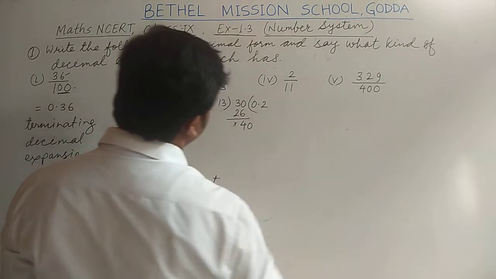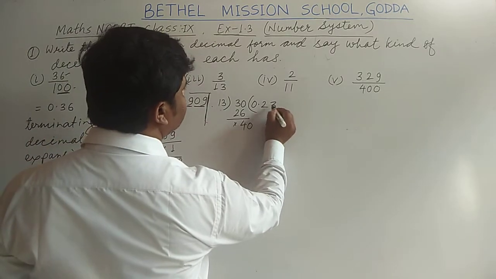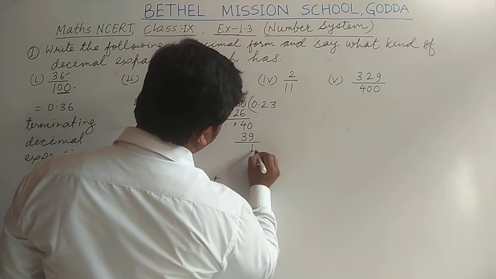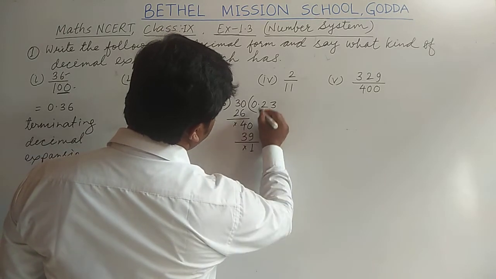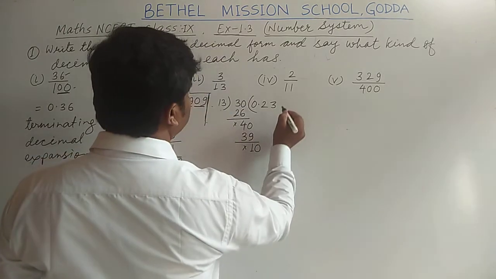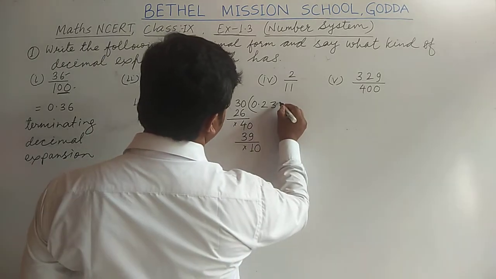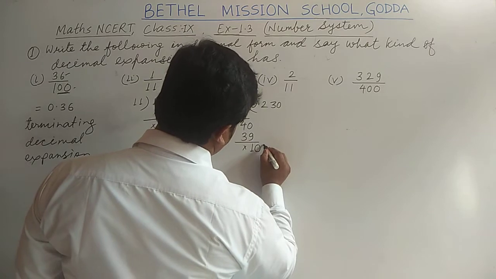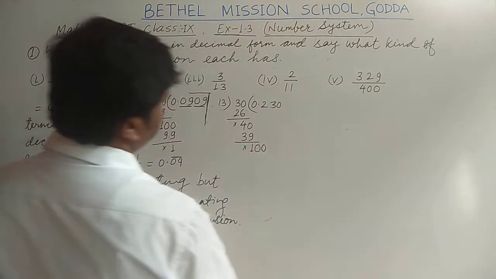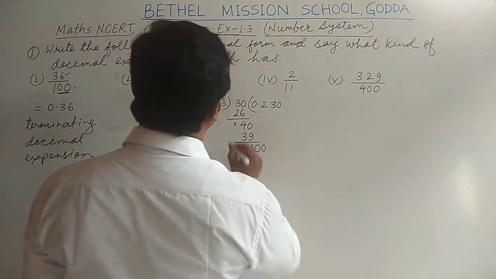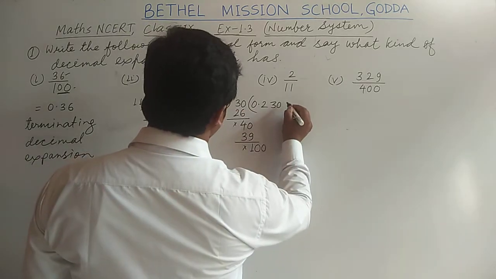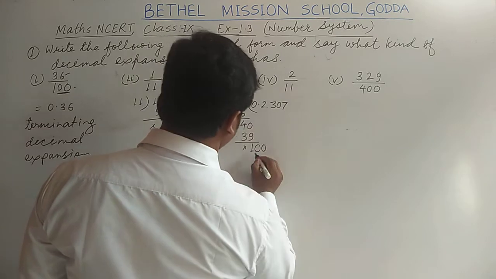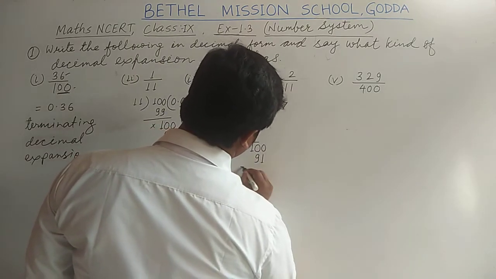Decimal will give 40. 13 times 3 is 39, remainder 1. Decimal will give 10. Not possible to divide, so here we will put 0, and it will give 100. So 13 times 7 is 91.